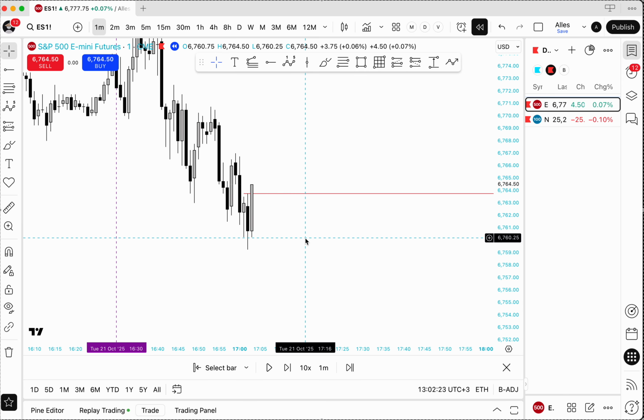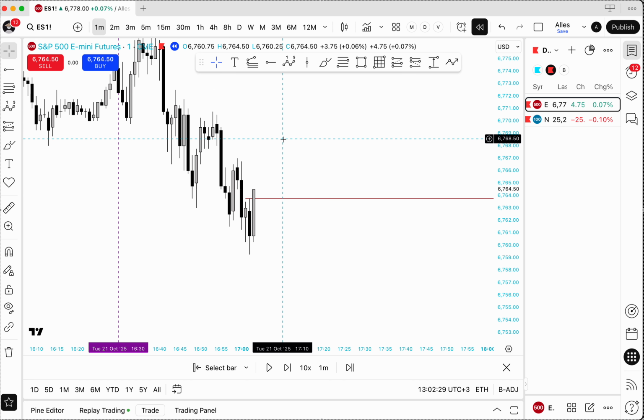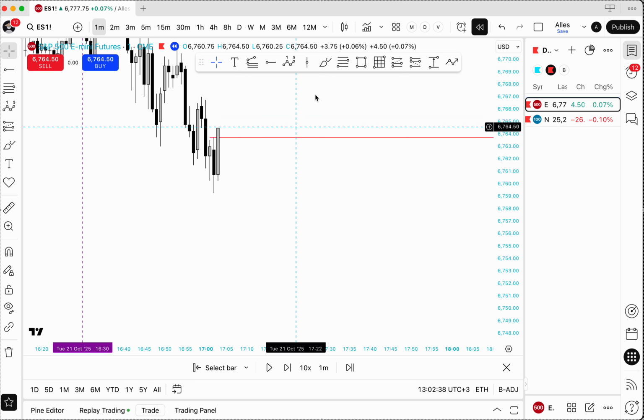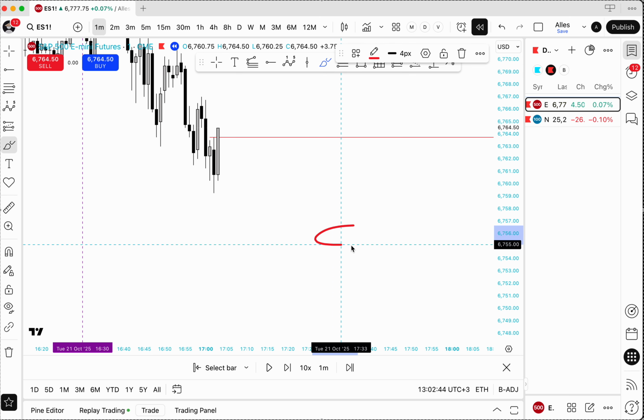Okay, so what is the problem here? If we break structure so fast and we go up so fast, what can happen? The enormous amount of money of the smart money cannot get filled because it's so fast. For example, in smaller digits, there are 100 shares free at the moment to buy.